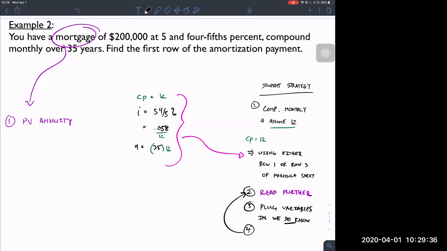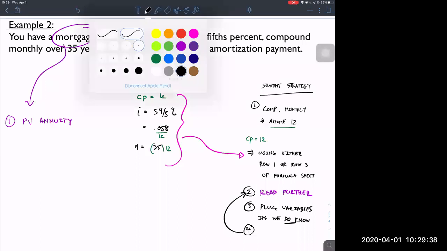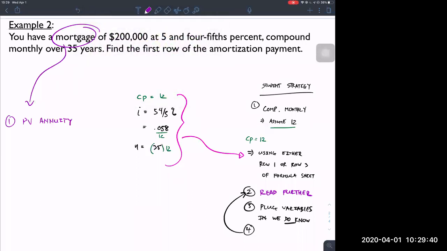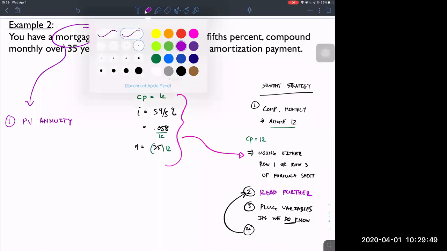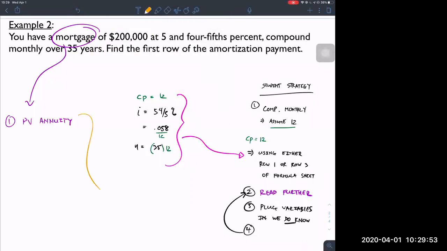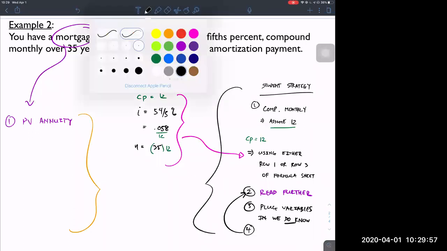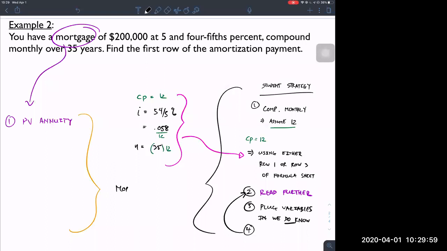So that mortgage aspect, if you're writing, I think I may have said in this class, you should be writing a cheat sheet for you to use so you don't have to flip through all your notes. You should write somewhere, whether it's my strategy or a student strategy, that mortgage implies big time present value annuity.